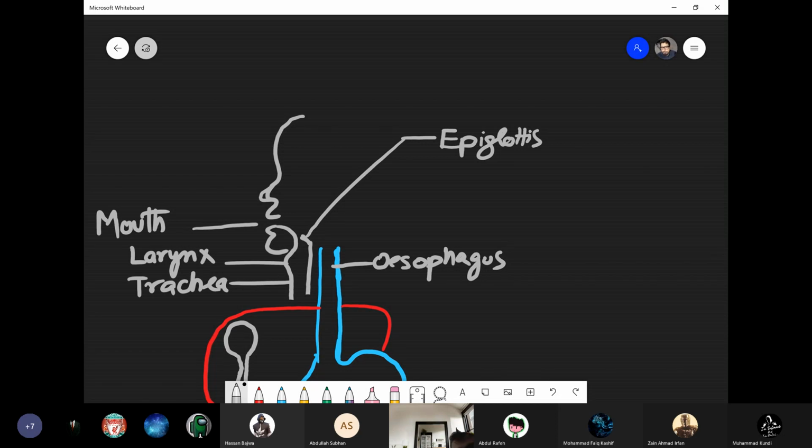And then, boys, this area over here is called the pharynx. Your throat scientifically is called the pharynx. This is the common area for the opening of the esophagus and trachea.